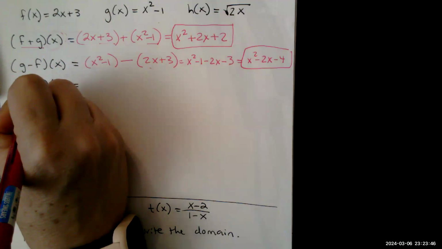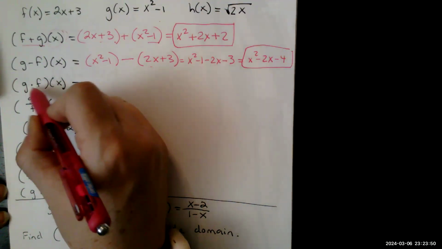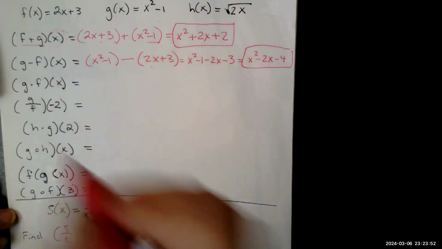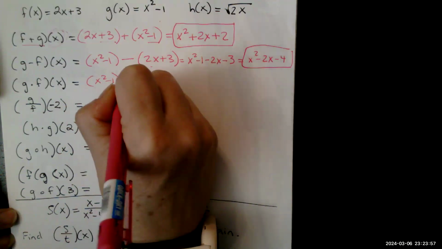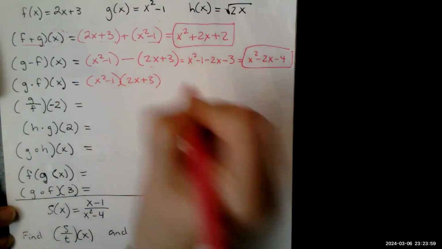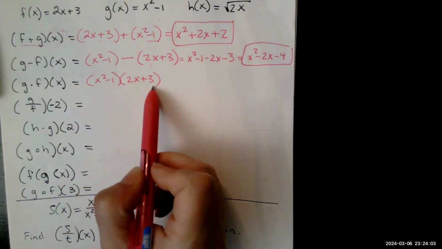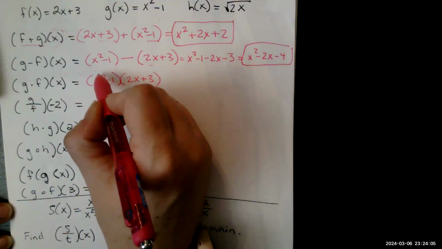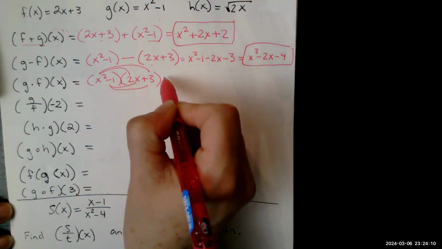All right, f dot g, or g dot f, if it's a little tiny dot, means multiplication. So I'm going to take the g and multiply by the f, which can mean a lot of different things. But in this case, since I have 2 terms times 2 terms, I'm going to need to FOIL. So this times this times this.